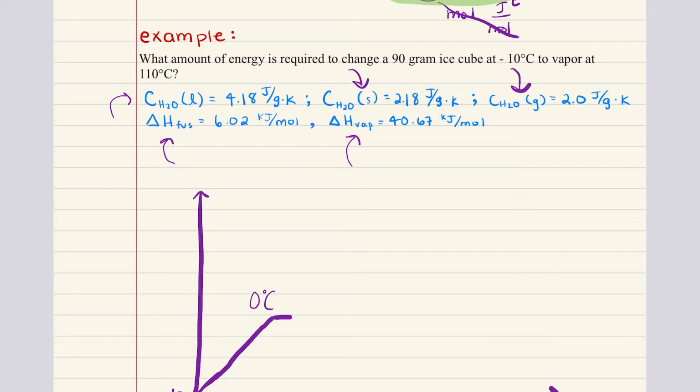Then at this point, there's a phase change that's going to happen, a solid to liquid phase change, where all the heat that is added doesn't affect the temperature, but it will help in creating that phase change from solid to liquid. Then after the phase change has occurred, now we have liquid water. And we have liquid water up until we reach 100 degrees Celsius. This is the condensation/vaporization point.